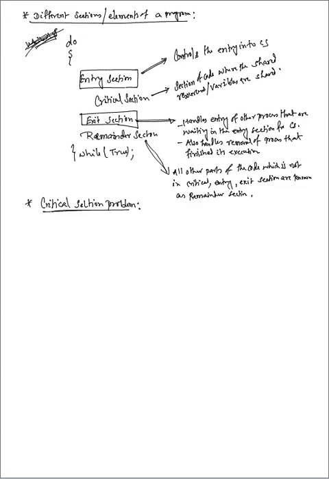So basically the critical section problem is how we can design a protocol, please listen carefully, how we design a protocol so that processes can cooperate. The protocol ensures that when one process is executing its critical section, no other process is allowed to execute its critical section.